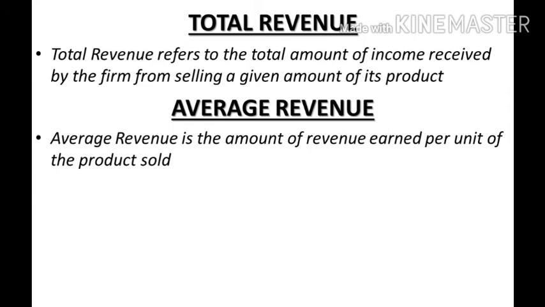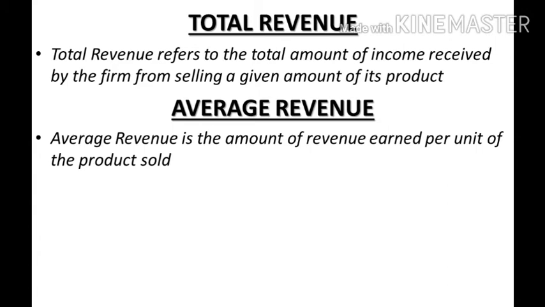Again you can derive it by saying AR is equal to TR upon Q. Now TR is the product of P into Q, so AR is equal to P into Q upon Q, that is equal to P. Average revenue in this case is P. I'll let you know why.